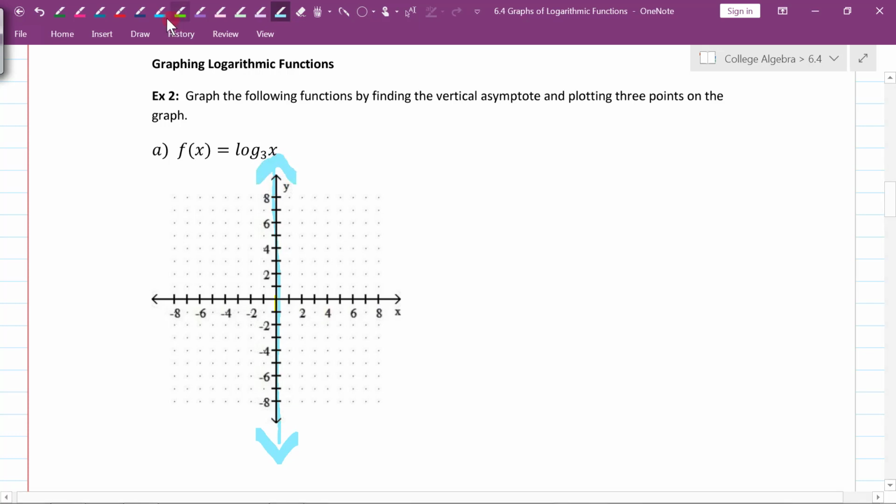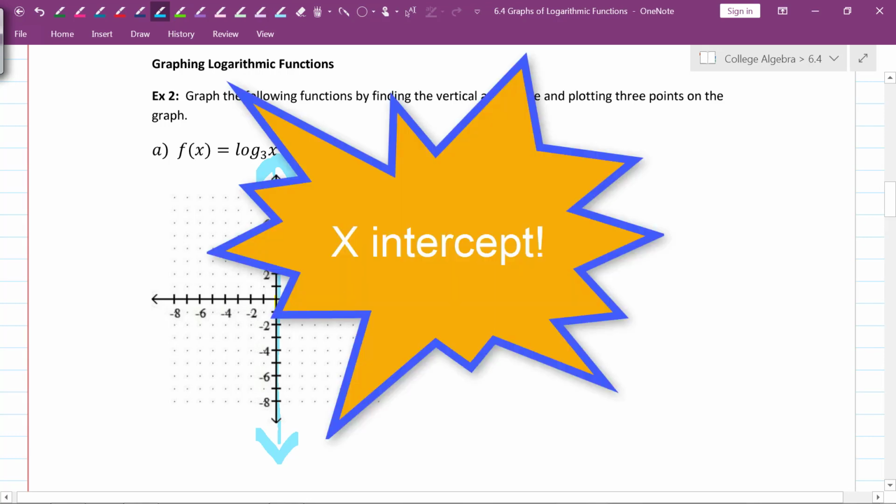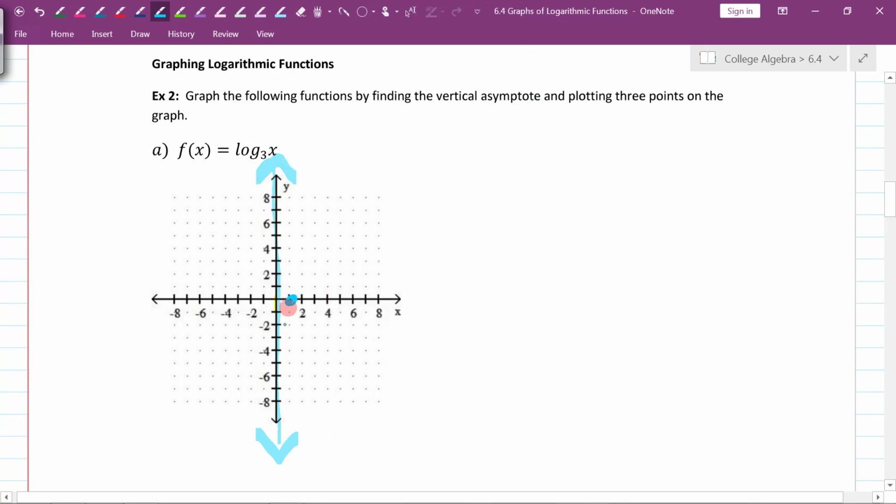We know that because there's no shift, our x-intercept is right here, and we know we're an increasing function because 3 is greater than 1, and so that's the basic sketch. But we were told to identify the vertical asymptote and 3 points, so we shall do that.